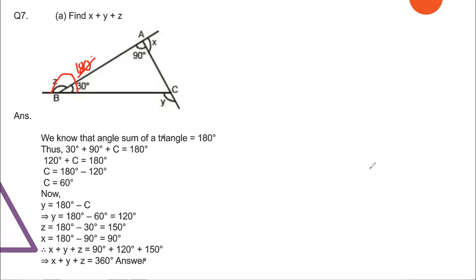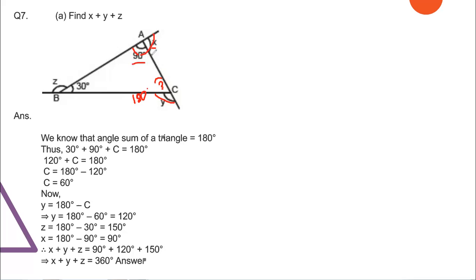Similarly, to find y, you must find the value of c so that you can add this c and y to get 180. So basically you know that the value on a line is 180 degrees. To find the value of x, you can just subtract 90 from 180.